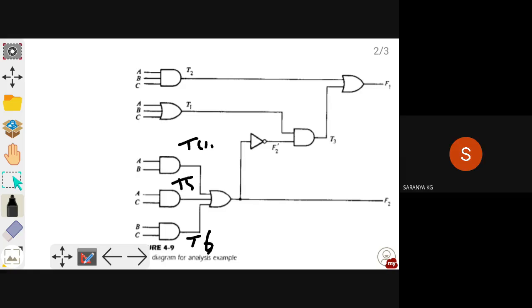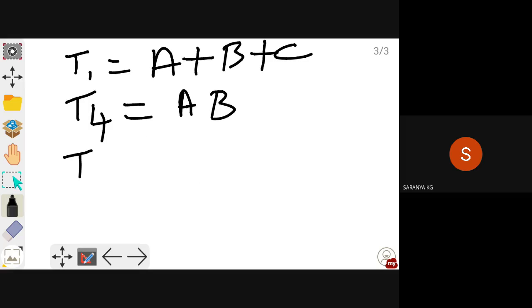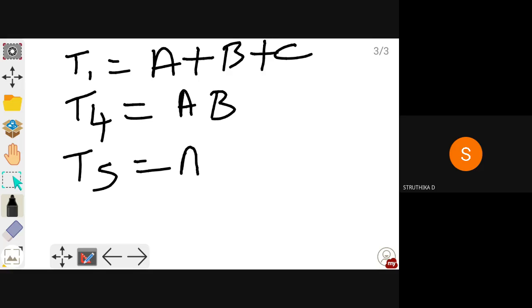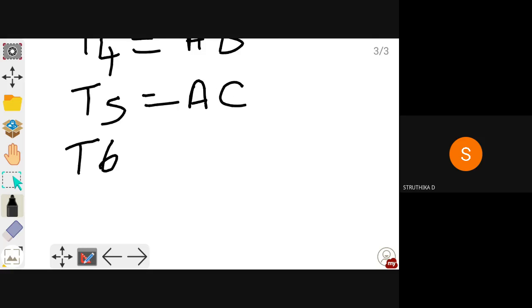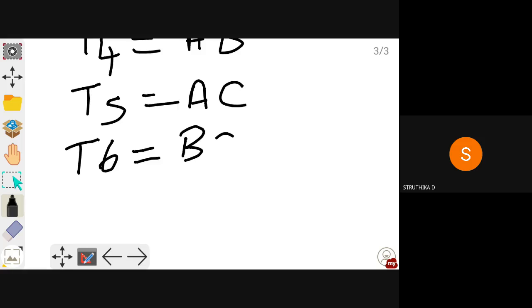A dot B. So T4 is equal to A dot B. And what is T5? A dot C, ma'am. So T5 is A into C, and T6 is equal to B dot C, ma'am. So B C.